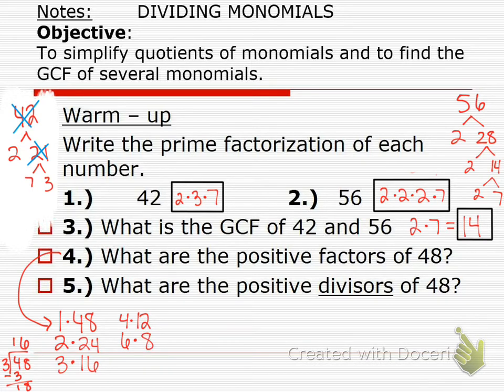After that, we check 7. Would 7 work? No. Okay, so then we move on to 8. Do we need to do 8 again? No, so we're finished. This would be our full list.